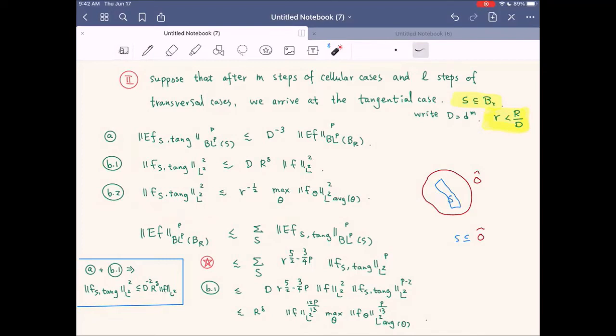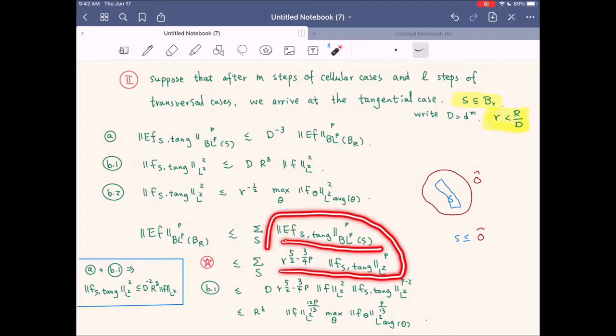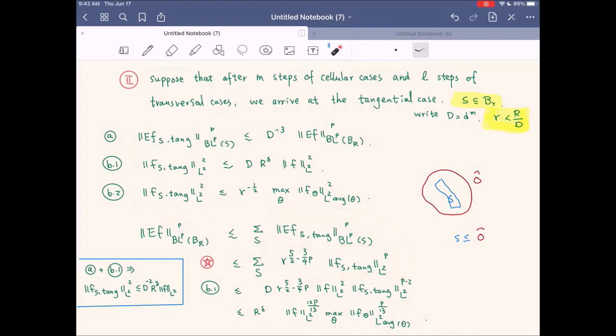And then when we put things together, this is the step that we discussed using Cordoba or Tao's bilinear restriction. And then now we apply those L2 inequalities, and we get some mixed power of D and R.